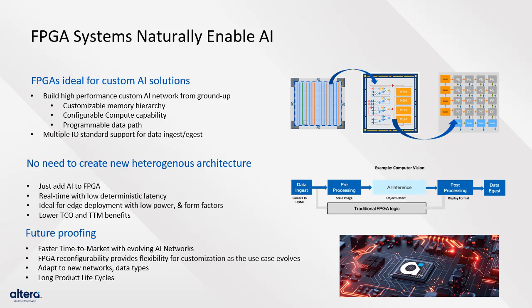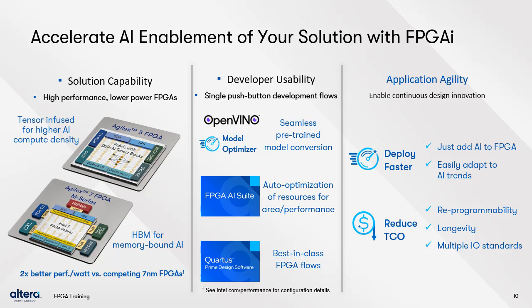The other key value proposition is addressing the constantly evolving AI trends. FPGAs offer flexibility and programmability to customize your design and build the AI network from the ground up to get the best performance. Altera Agilex FPGAs provide tight coupling of programmable logic with DSP blocks to easily add AI to your custom solutions.